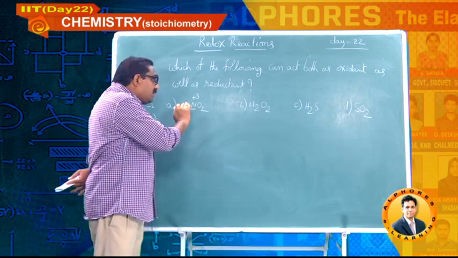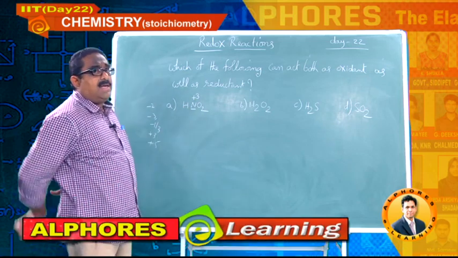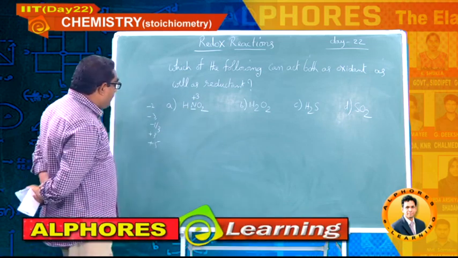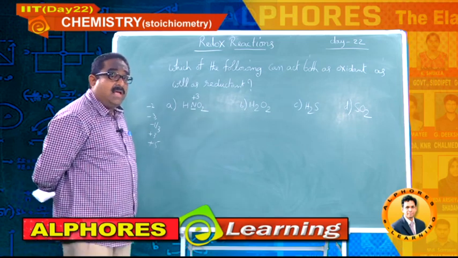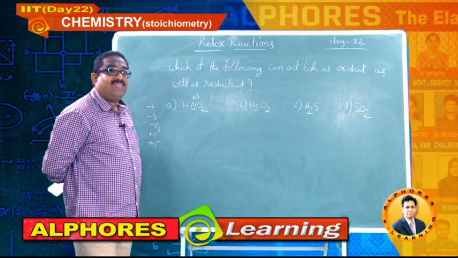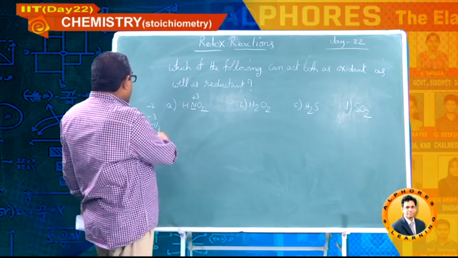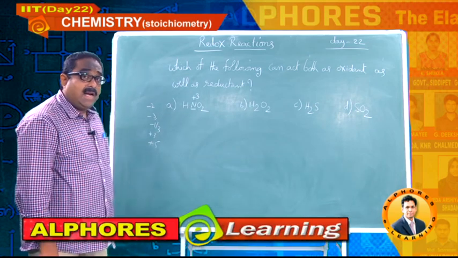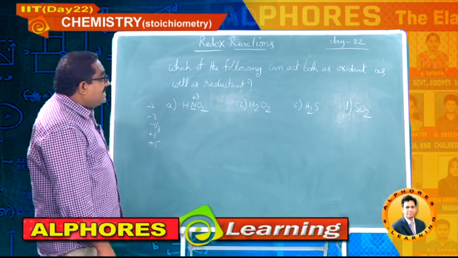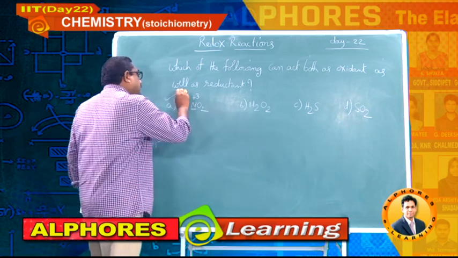Both the things are possible for that nitrogen present in plus 3, because the maximum oxidation state is plus 5 and the minimum is minus 3. So, it can go for a higher oxidation state or it can go for a lower oxidation state. That is why it can act as both oxidant as well as reductant. So, this is the answer.